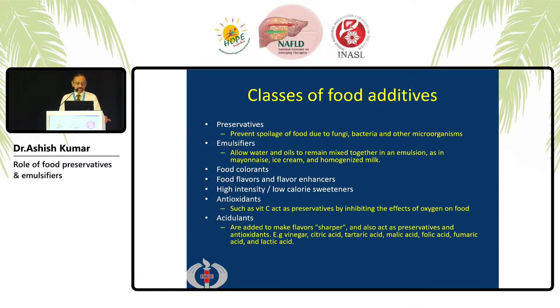Then there are acidulants which are added to make the flavor of the food much sharper. They also act as preservatives, like vinegar, citric acid, tartaric acid, and malic acid. And then there are anti-caking agents which prevent powders such as milk powder from caking or sticking together.